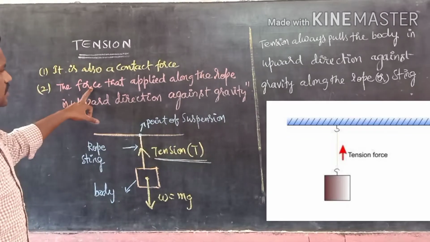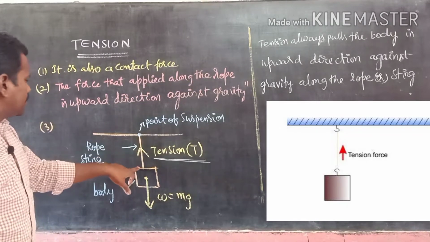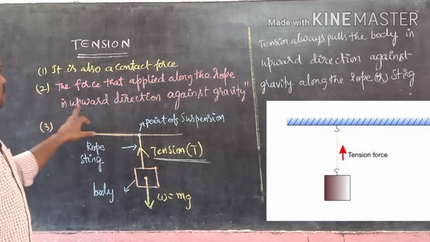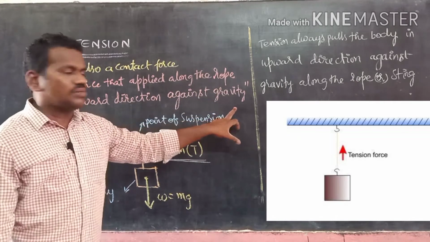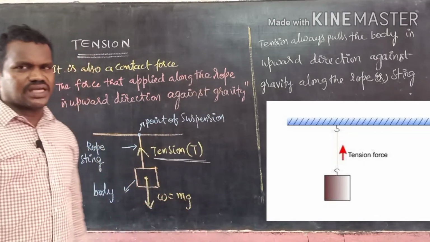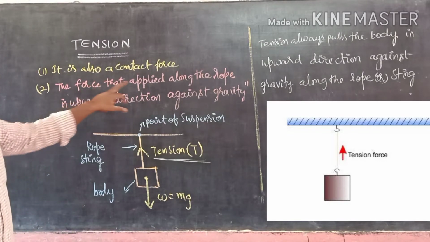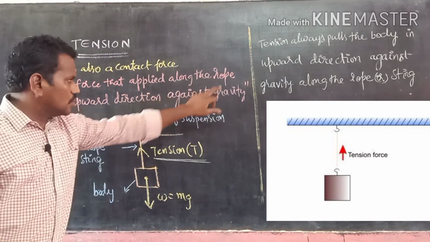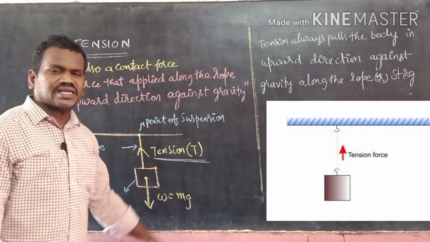The force is applied along the rope, in the upward direction, against gravity. Why? Because gravity is acting in the downward direction. Once again, the definition of tension: the force applied along the rope in the upward direction against gravity.